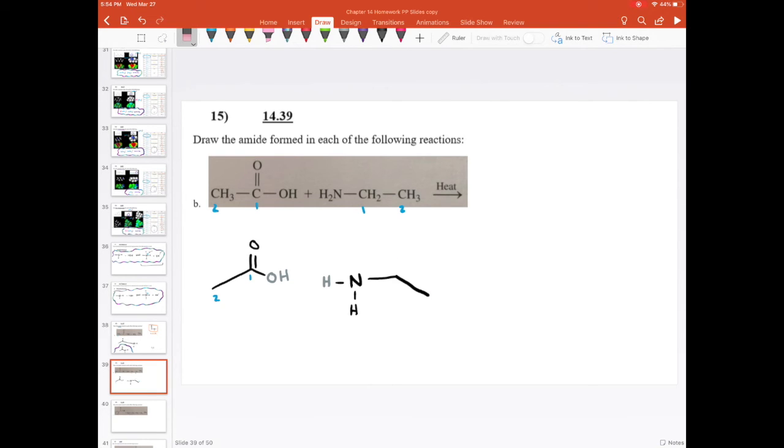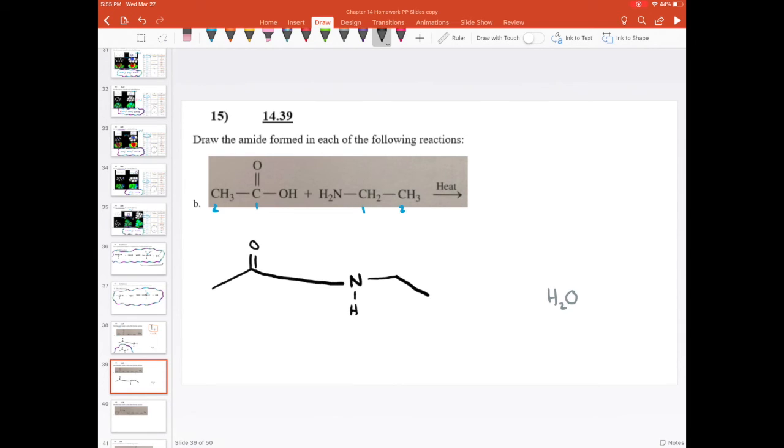Now, in these reactions, the OH from the carboxylic acid and one of the H's from the amine leave to form water, HOH, or H2O. Then the bond that was going to the OH now just goes to the nitrogen.